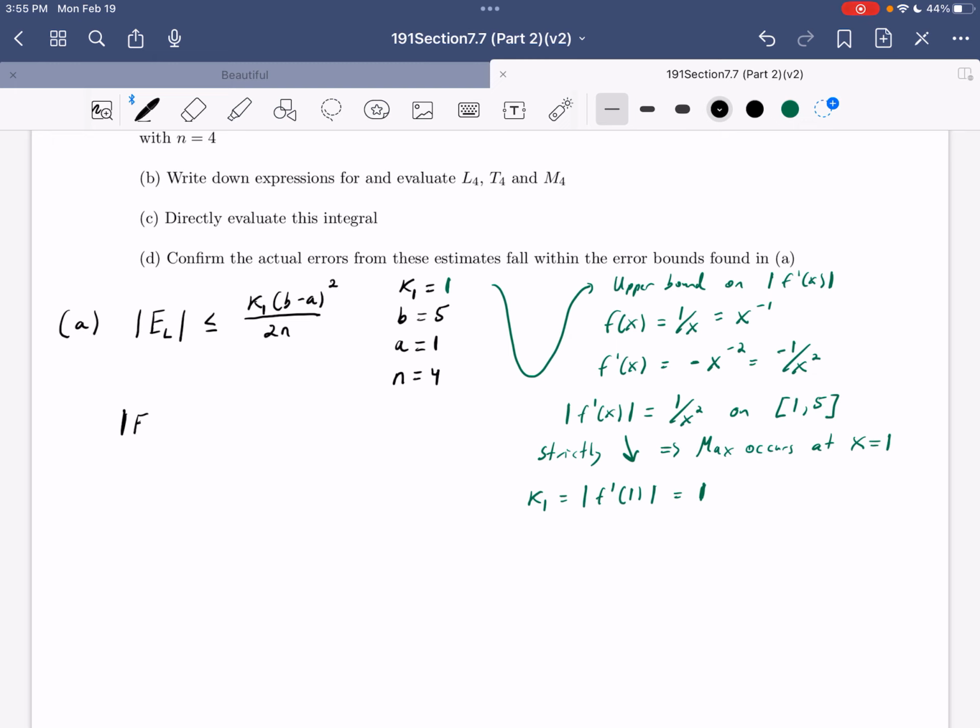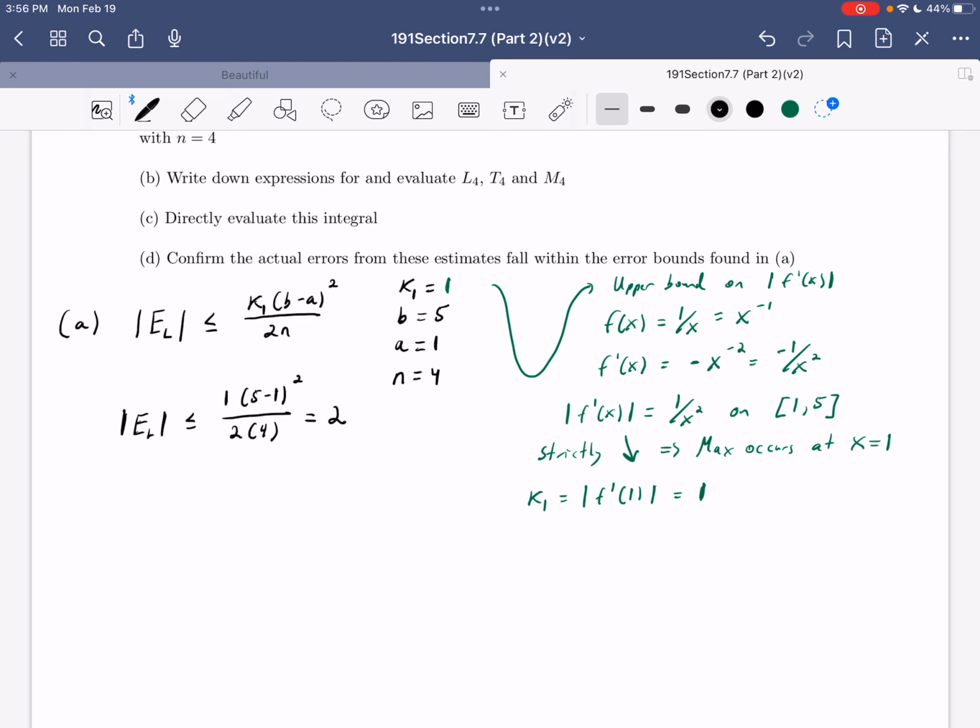Our error bound for the left endpoint approximation is going to be 1 times (5 minus 1) squared over 2 times 4. This is just a calculator moment; we don't need to do this by hand. You get 4 squared in the numerator divided by 8, and a maximum error of 2.